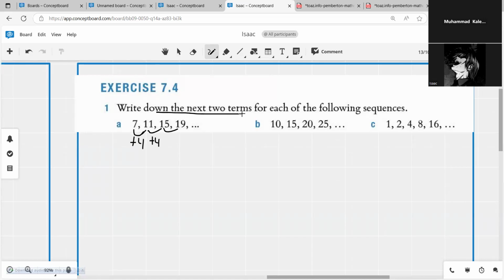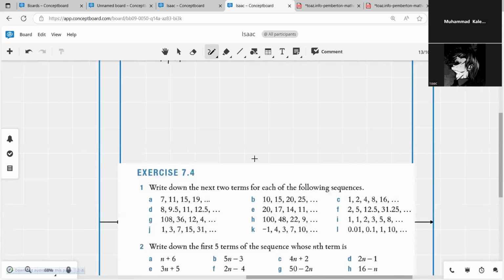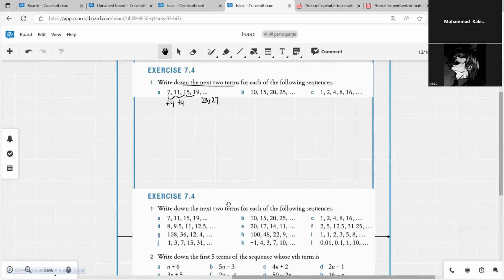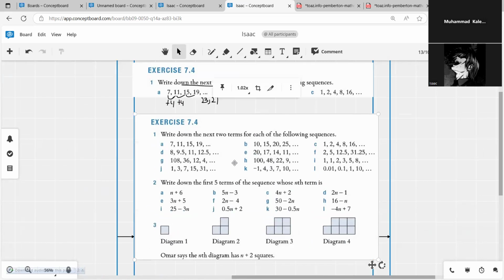So is it possible for us to calculate the next two terms? It's very, very easy, right?